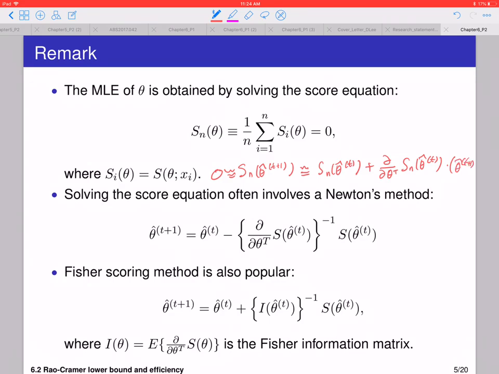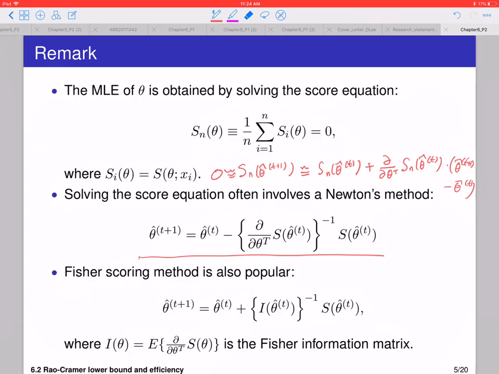Then that leads to this, because it's basically a linearization, the Newton method.